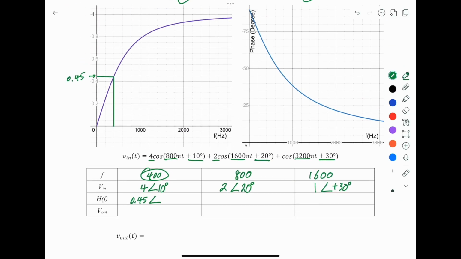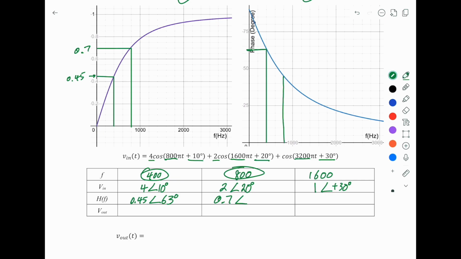For the angle at 400, about here, and this is around 60, about 63 degrees. For 800 Hertz, this is very clear, about 0.7, and this is about 45 degrees.